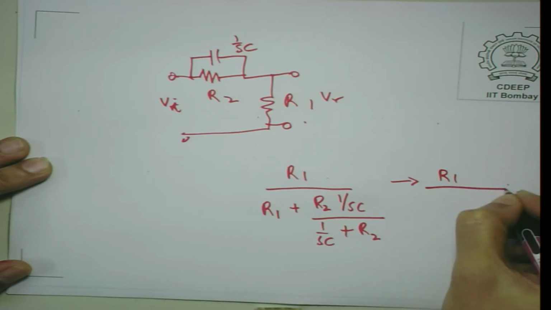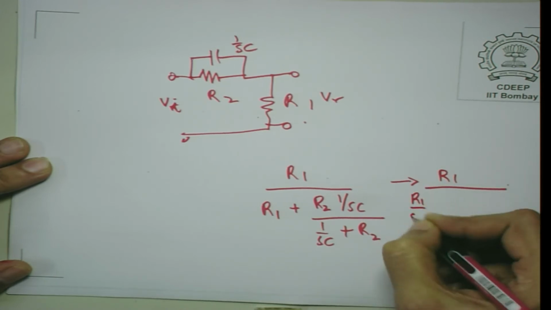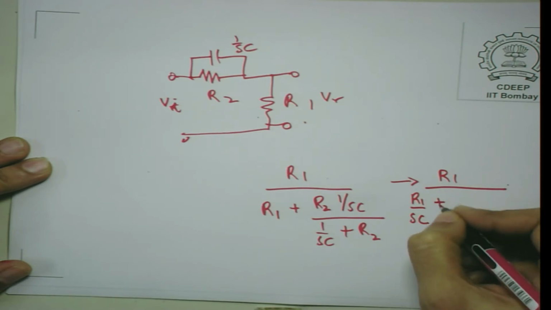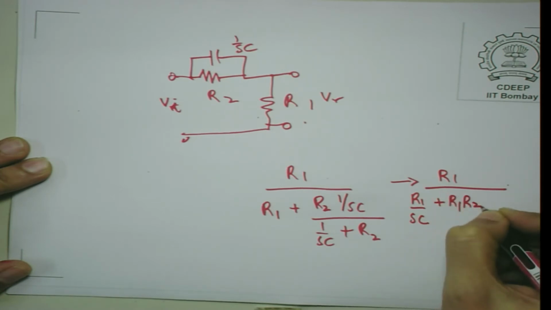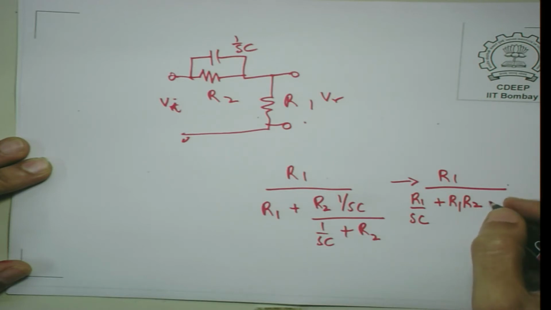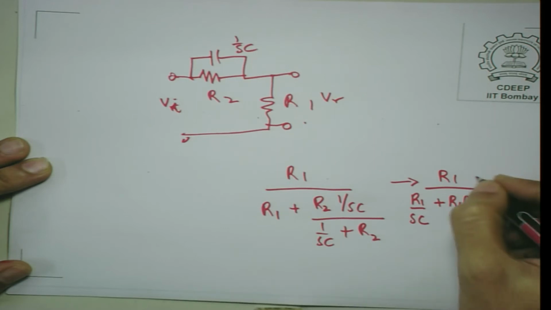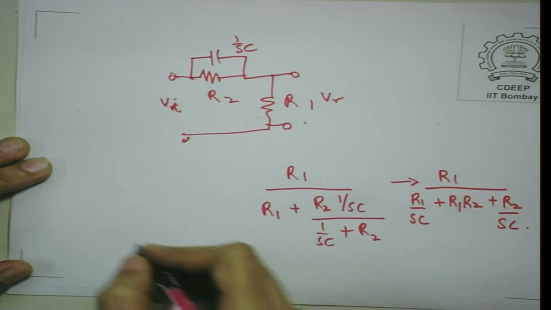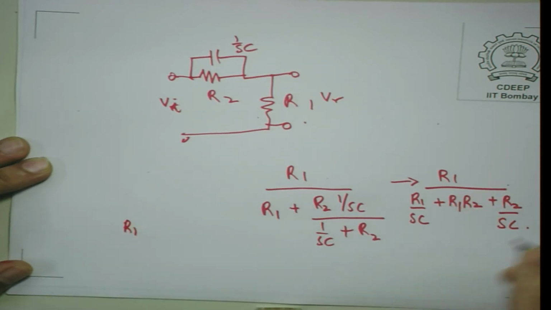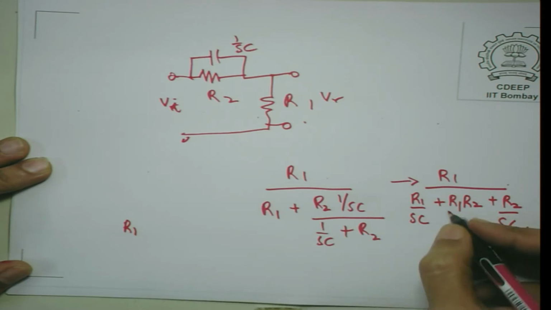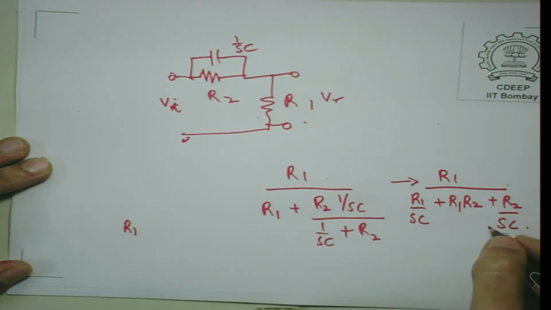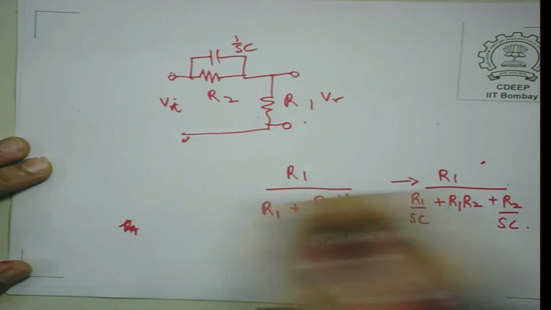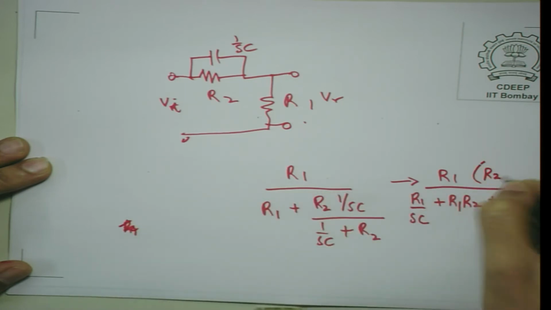So, this will come out to be R1 upon R1 by SC plus R1 R2. Just one second, this is R1 R2 plus R2 by SC, and of course this SC can be taken on the top. Oops, I think I made a mistake here. Yes, this goes on the top.